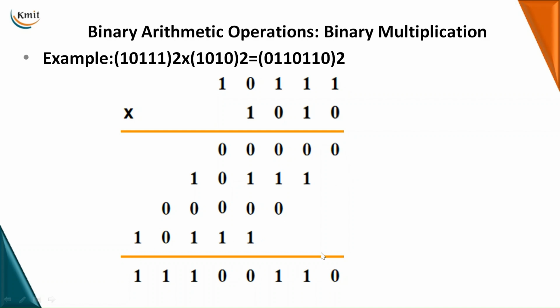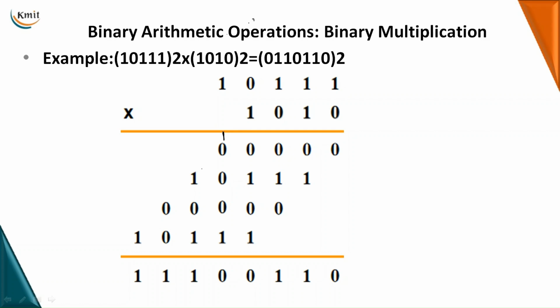So finally you add: 0, 0 plus 1, 1. So 1, 0 plus 1, 1, 1 plus 0, 1, 1 plus 1, 1, 0. So I will get a carry here.